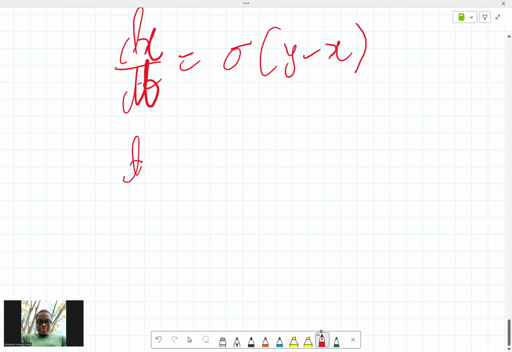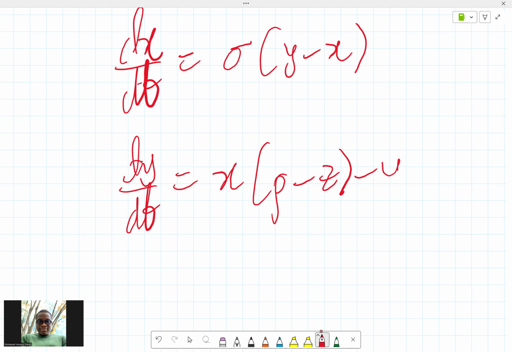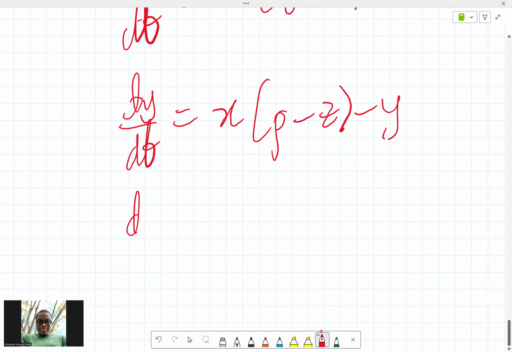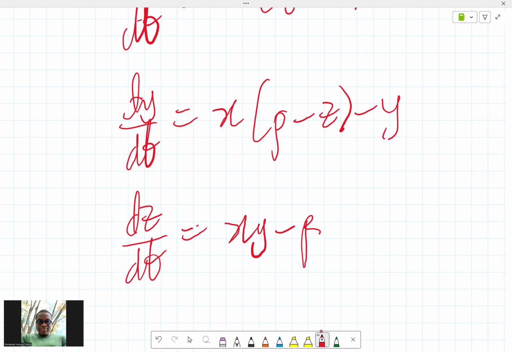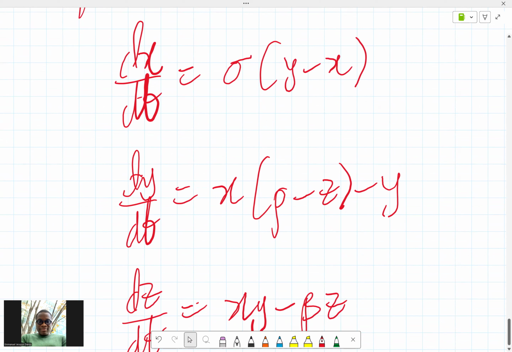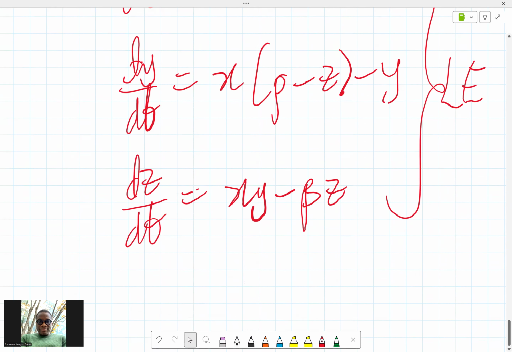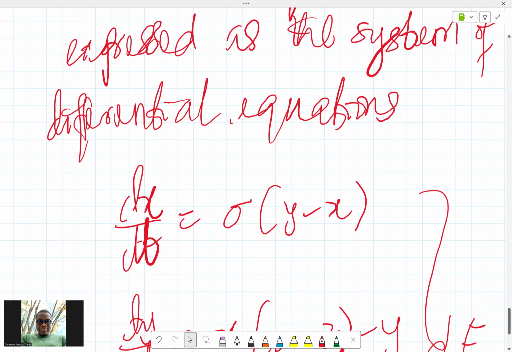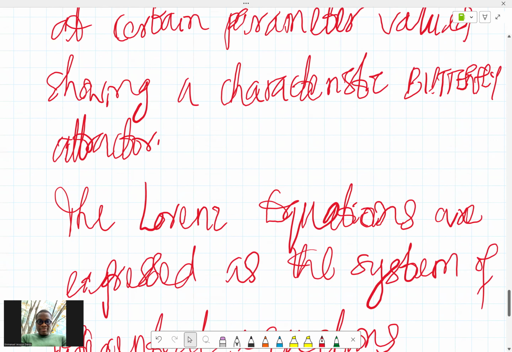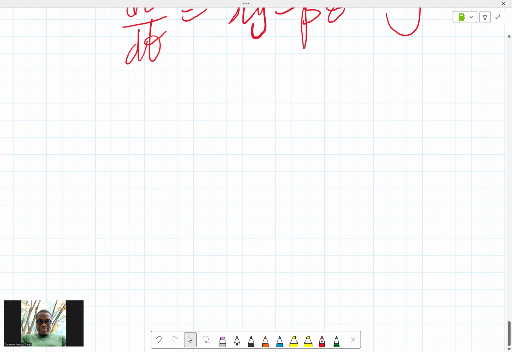Then you have dy dt equals x into rho minus z minus y, like this. And then you have dz dt equals xy minus beta z. So everything put together is what you know as the Lorenz equations. As simple as this may seem, it gives rise to some very interesting chaotic behaviors, which we are going to see very soon, in Python.